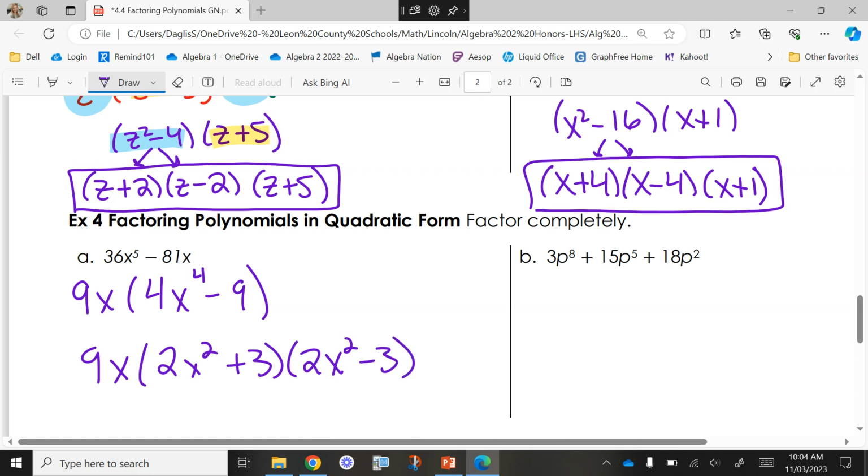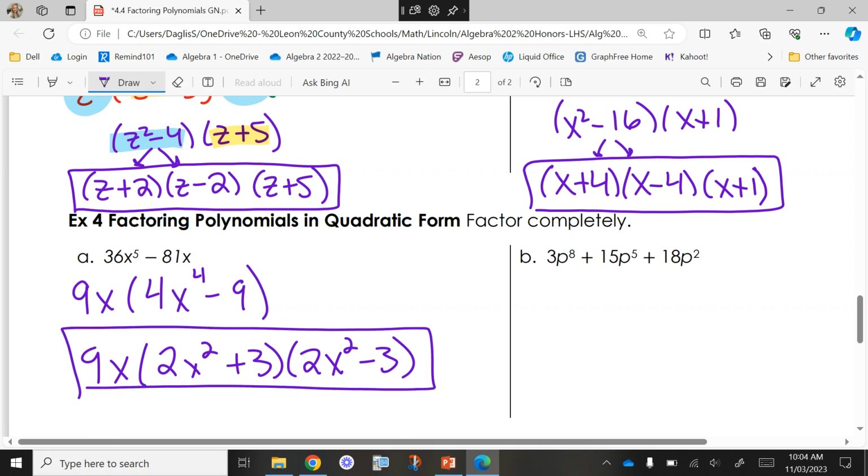Double check one more time. Neither one of those is the sum or difference of squares or cubes, so this one's done. If it had asked me to find the x-intercepts, that's when you would do one step further to make each piece equal to 0. So each factor, so 9x is a factor, 2x squared plus 3, 2x squared minus 3.